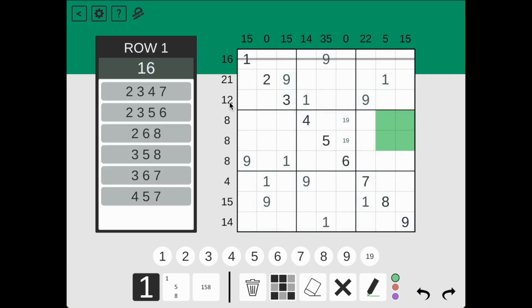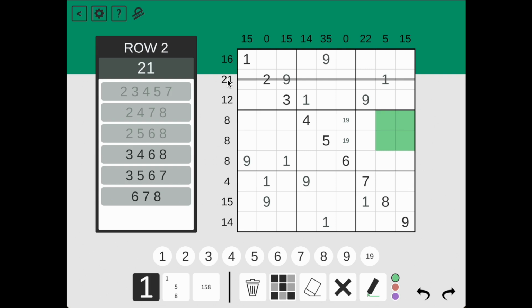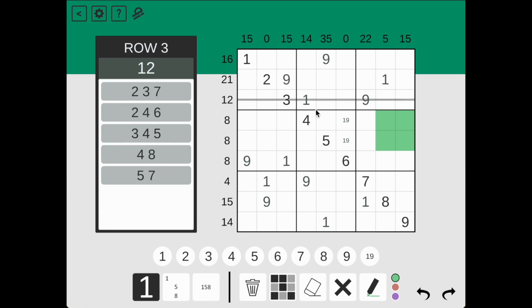Okay, in this row, the digits between the 1 and the 9 add up to 16, and it's 3 digits. I don't have anything to narrow it down further. And this row, 4 digits add up to 21. So it's one of those 2 options. And this row, 2 digits add up to 12.